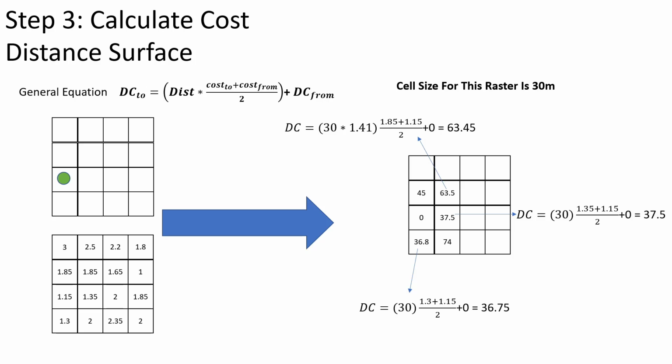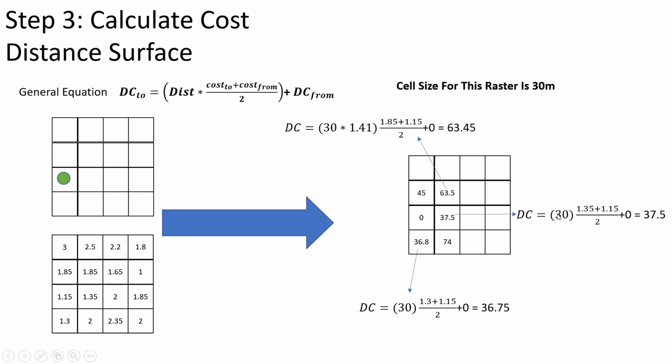Okay? So let's go ahead and work horizontally first. We're going to go from this cell to this cell. So this is our from, this is our to. The equation for the cost distance is going to be distance, that's 30, coming from the cell size, times 1.35 plus 1.15. That's coming from our cost surface here. 1.15 was the cost of this cell here, and 1.35 was the cost of the to cell here.